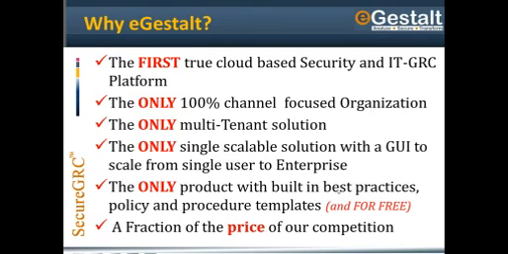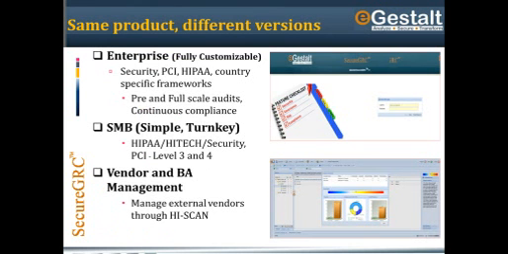And in the tool, we have completely automated best practices and policy and procedure templates that can be customized by the end customer, the end user, and the channel partners to suit their organizational needs. There are multiple product versions that we have.